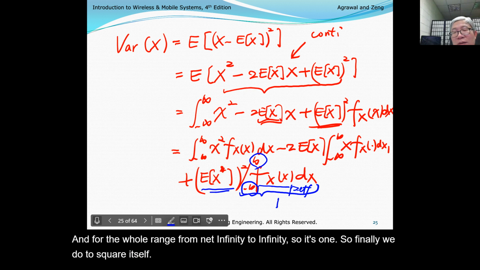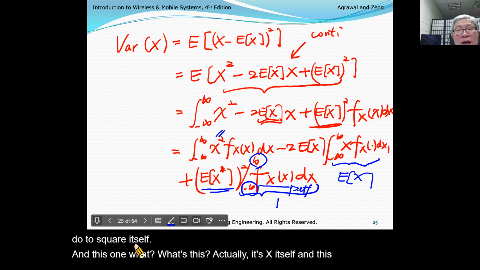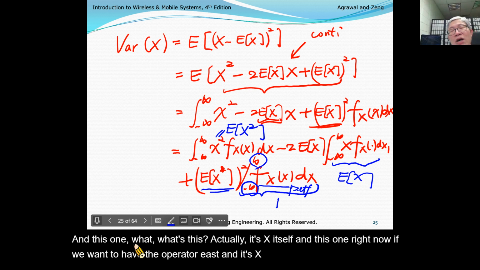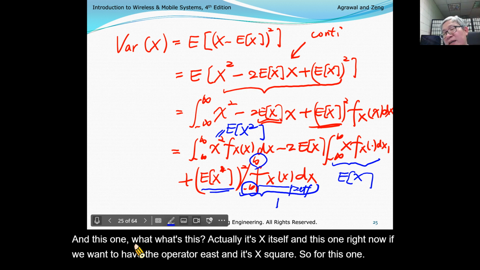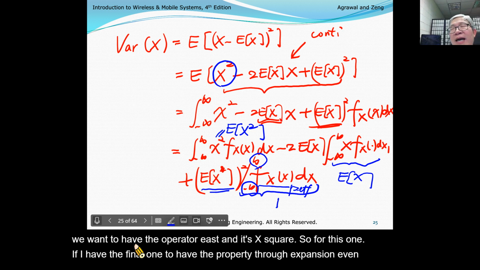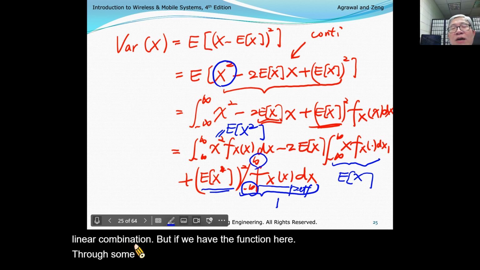And this one, what's this? Actually, it's x itself. And this one, right now, if we want to have the operator E, it's x squared. So for this one, I have the final one to have the property through expansion. Even if it's not a linear combination, if we have the function here through sum or subtract, how to have the result?